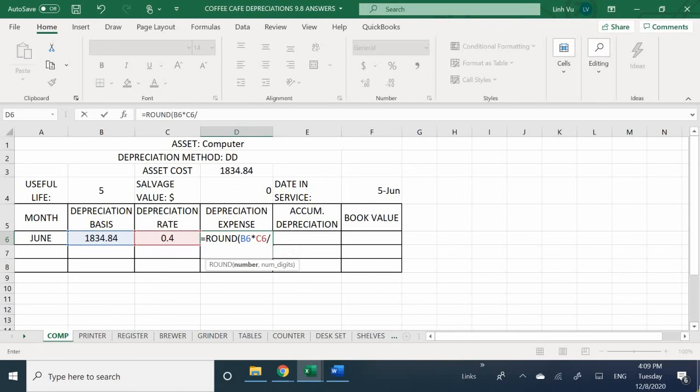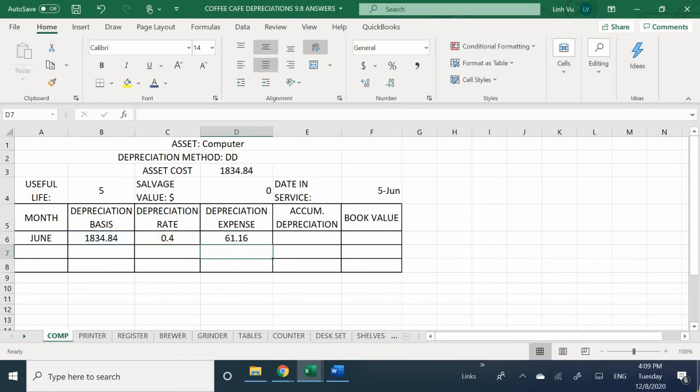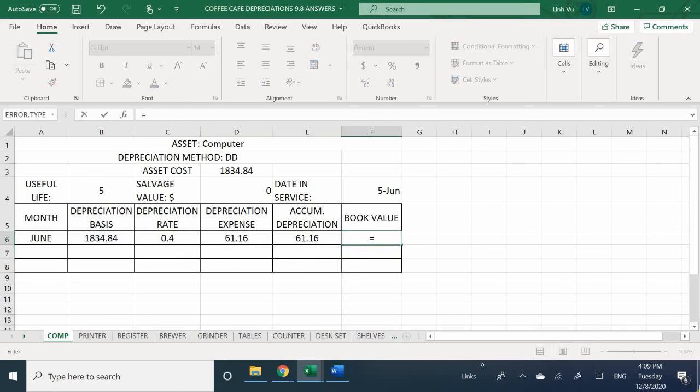And then we are going to divide that by 12 and put my 2 decimal points. Giving me $61.16 for my depreciation expense. Good. And what is your book value going to be?